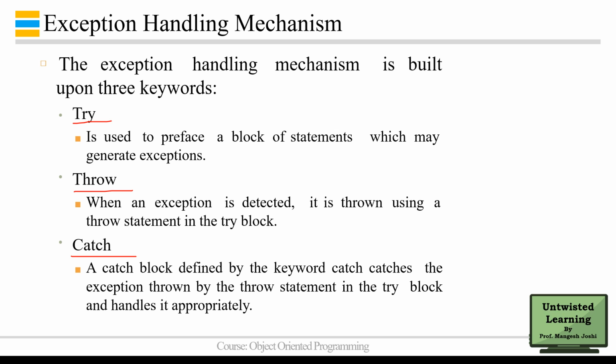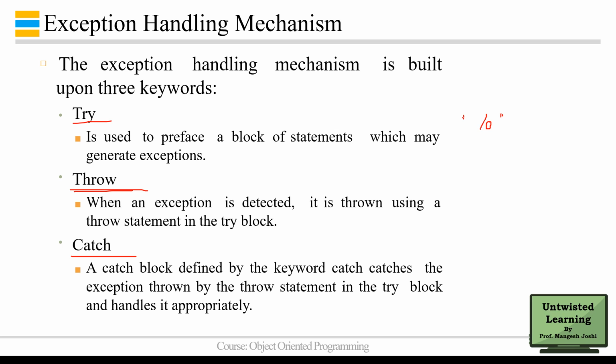Then the second keyword is throw. The second part of the exception handling mechanism is throw. Inside the try block you will write some code, and whenever an exception is detected, for example a program is trying to divide something by 0, you will not get the correct output, you will get a math error.